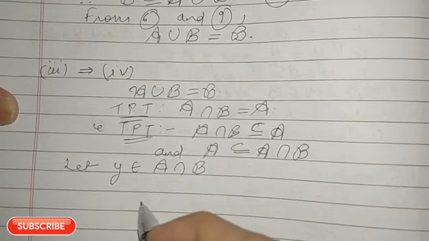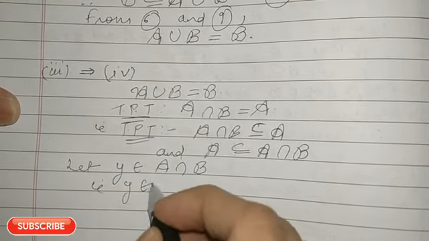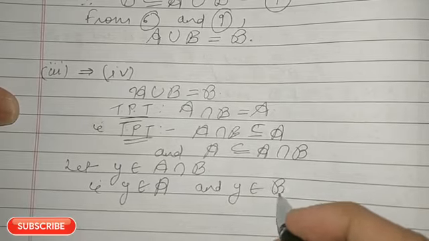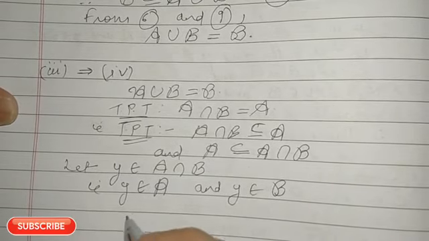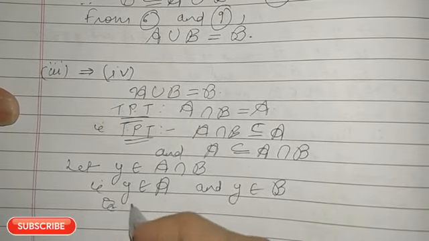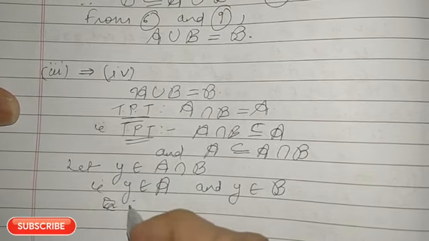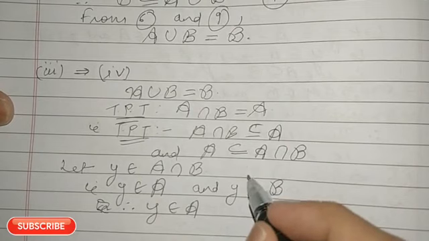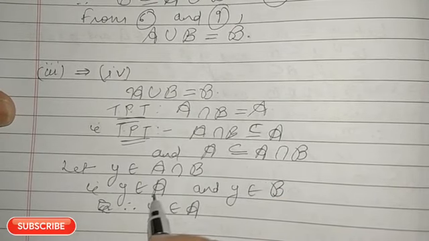Okay, now that is what? That is Y belongs to A and Y belongs to B, right? So therefore Y belongs to A you got, right? Okay, therefore Y belongs to A.